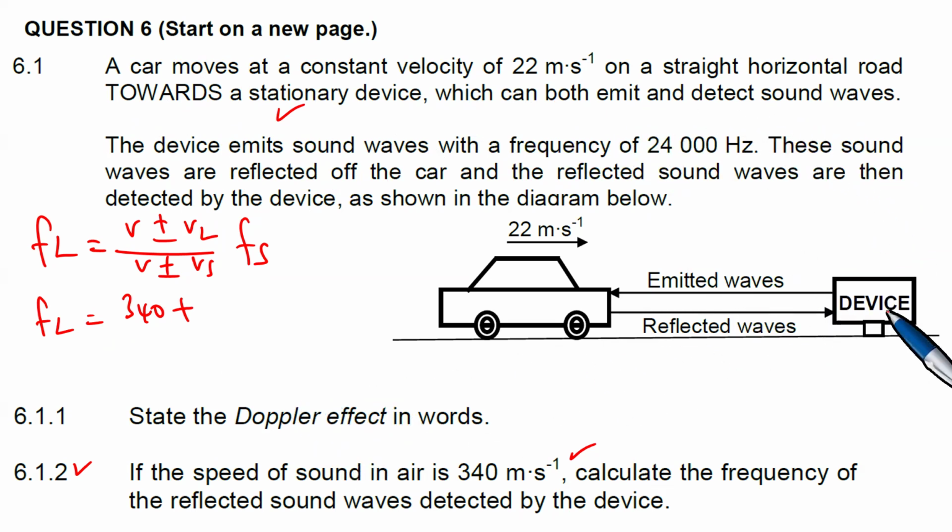So the device itself is most certainly stationary. If it is stationary, we're interested in calculating the frequency of the reflected sound waves detected by the device. So note that at this point, the speed of sound in air is actually 340 meters per second.